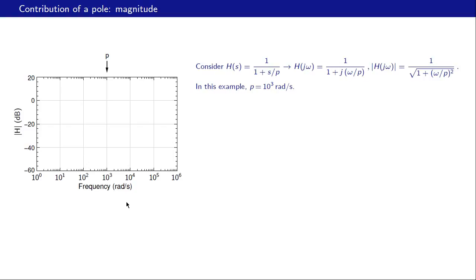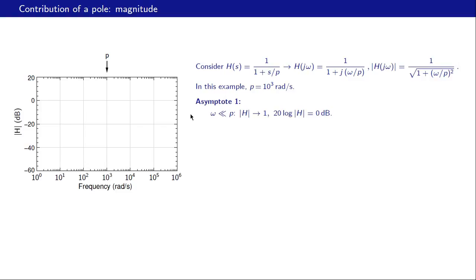We now want to plot the magnitude of H as a function of frequency, and as we said before, we will plot |H| in dB on a linear scale versus frequency on a logarithmic scale. And for reference, let us mark the magnitude of the pole, which is given by this positive number p over here, and that is 10³ radians per second.